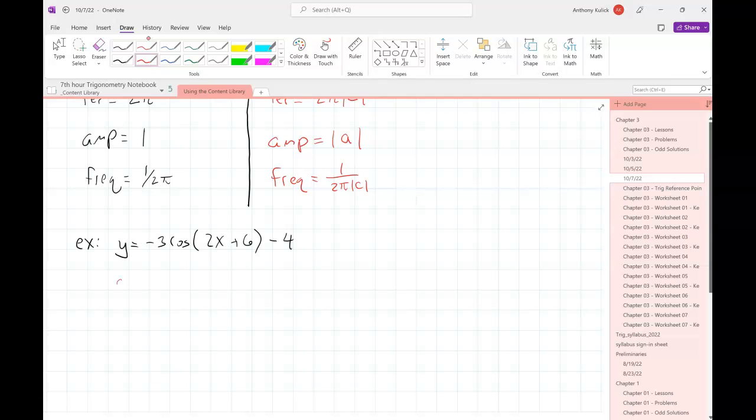So my first order of business would be to write it into the general form for a transformation. So that's going to be -3 times cosine. And then what do I need to do then? This is the tricky part, right? Making this look like that.